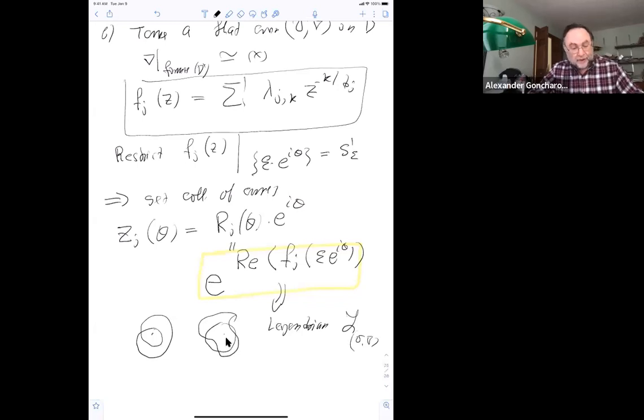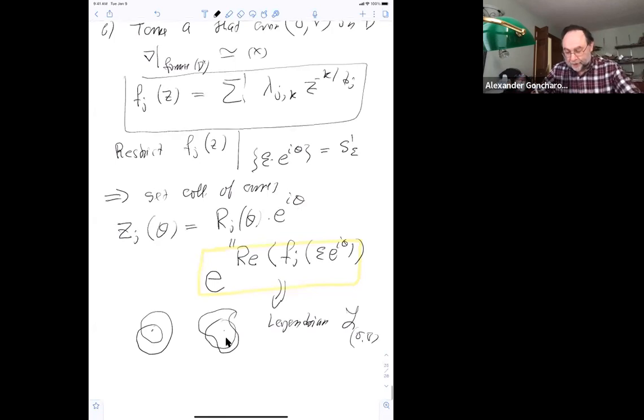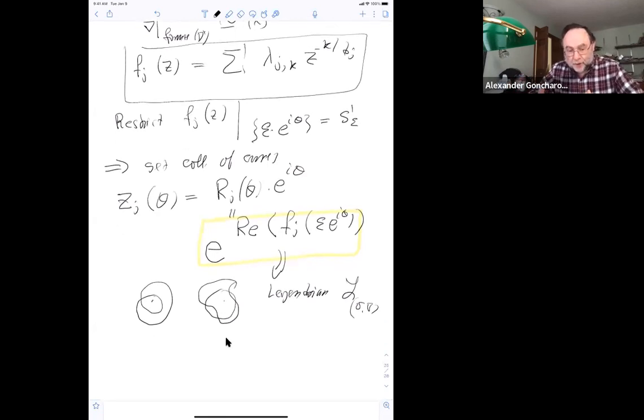And then you just apply the previous story. You consider the category related to this collection of Legendrian links on the surface, and this is your category of the moduli space of Stokes data. And in order to prove that it has cluster structure, following the proof which I gave you today, all you need is to show that you can deform them to a bipartite graph. And the statement is yes, you can do it.